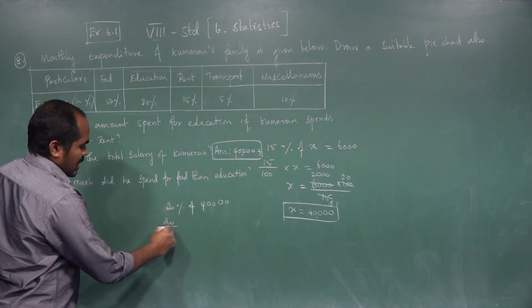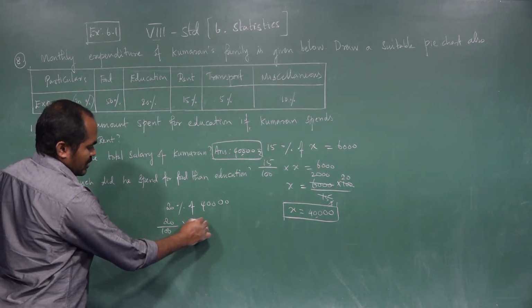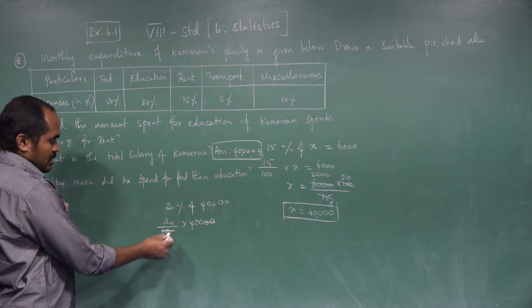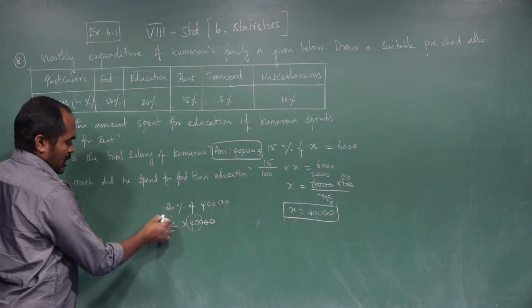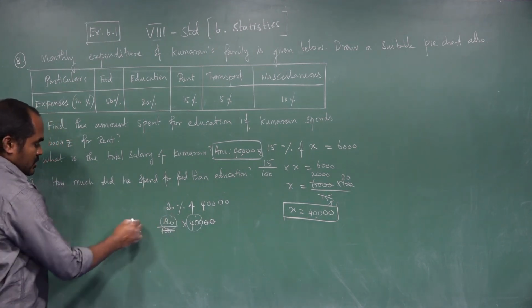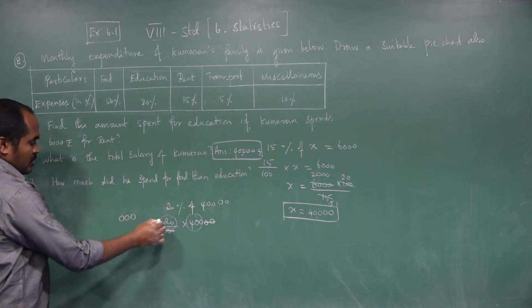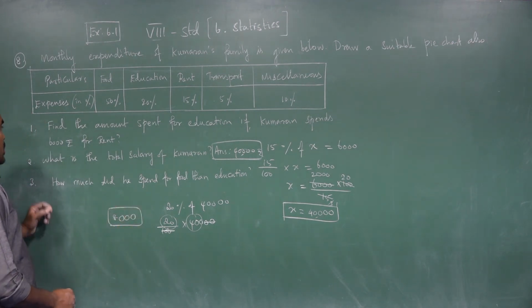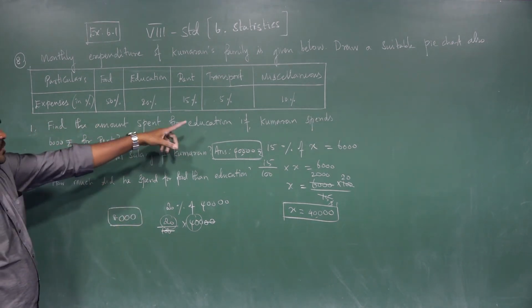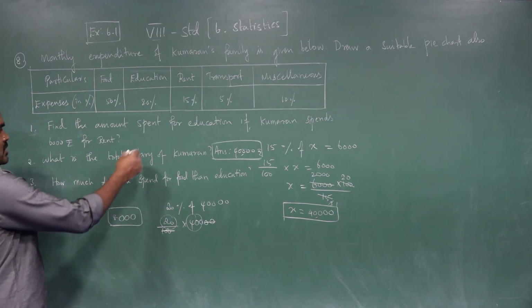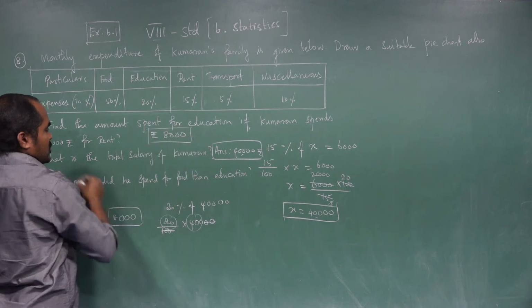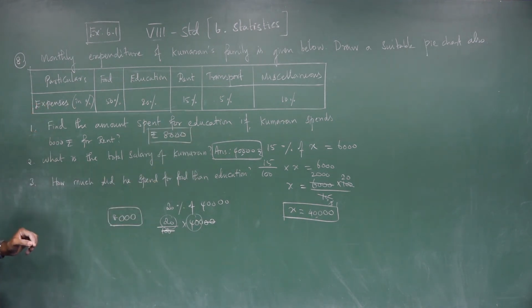It is 20 by 100 into 40,000. Zeros and zeros cancel. Remaining we have 400 into 20. 2 4s are 8. So 8,000 rupees. So Kumaran spent 8,000 rupees for education.